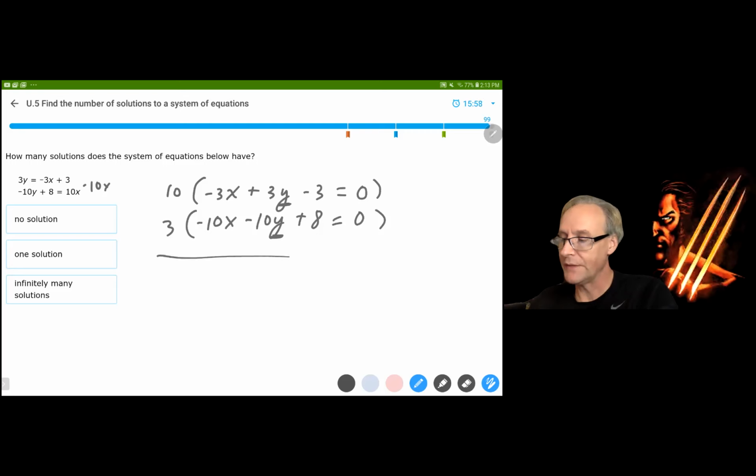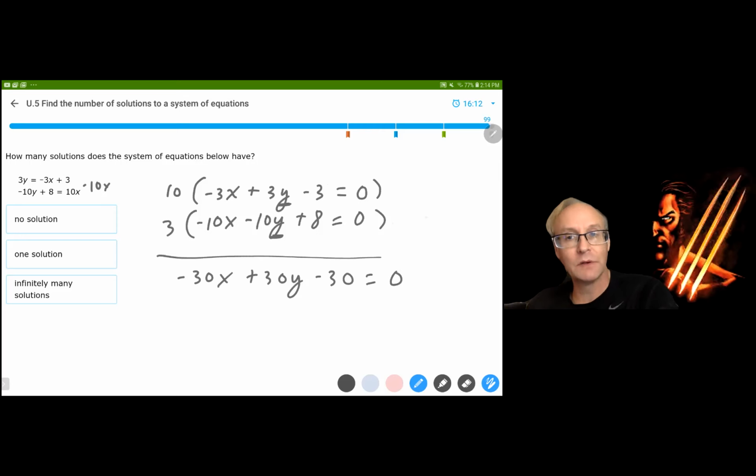I end up with negative 30x plus 30y minus 30 equals 0. In the bottom equation, I get negative 30x minus 30y. I have a minus in there? Oh, they're very different, aren't they?